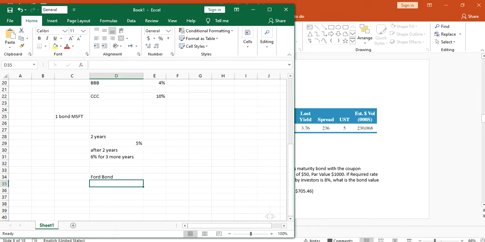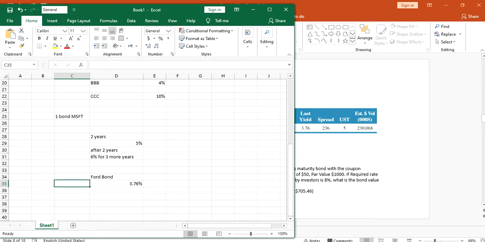Yield to maturity is 0.0376. I will convert this into percentage. And what about the spread?